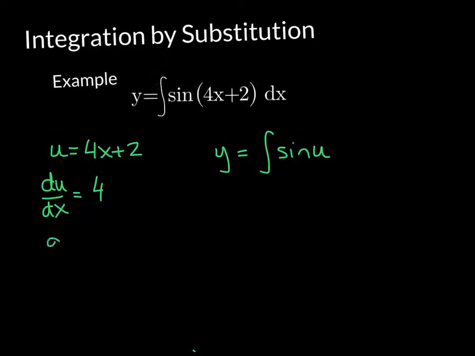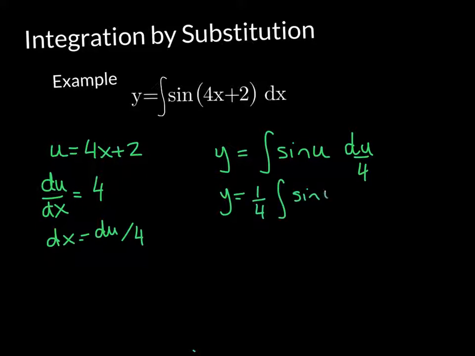So then we can say that dx must be equal to du divided by 4. So instead of dx here, we now have du divided by 4. We can then write that y is equal to 1 over 4 times the integral of sine u du. So we're just taking the 1 over 4 outside the integral.